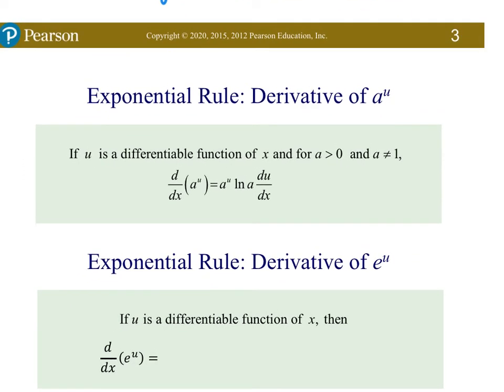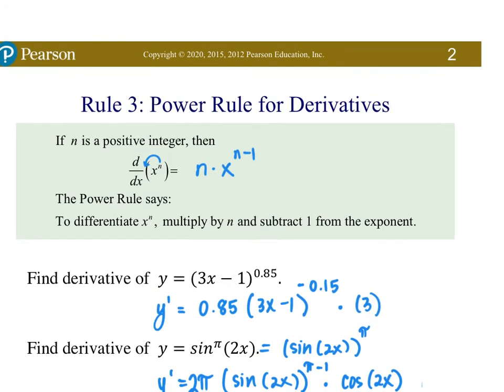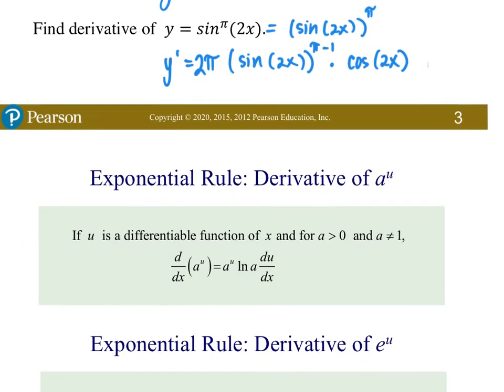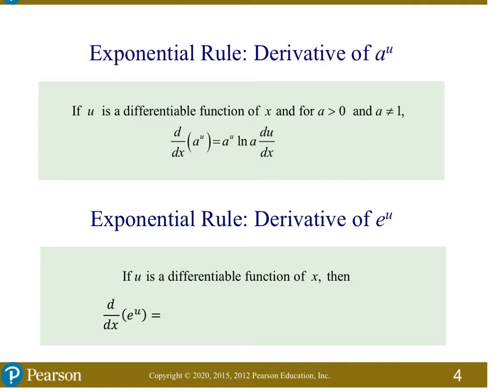The exponential rule now has the variable in the power. Okay, so the power rule applies to a numerical power. The exponential rule applies to a variable power. So the variable is in the power position.